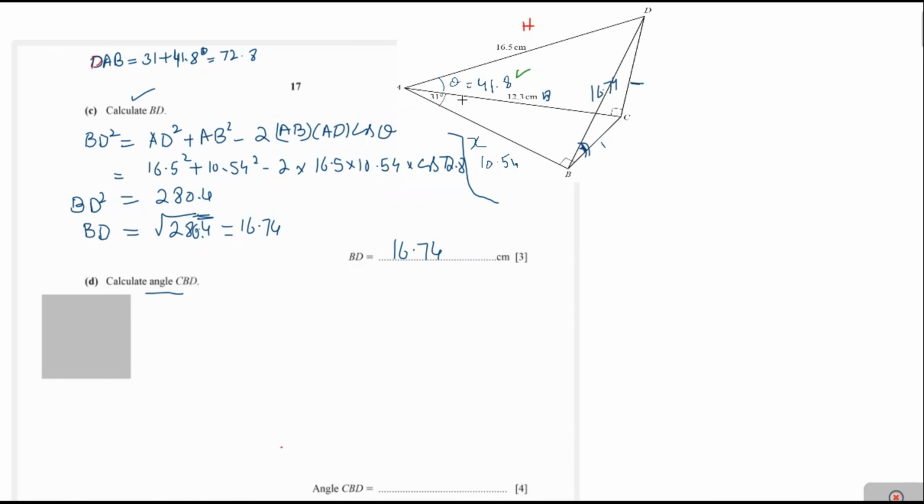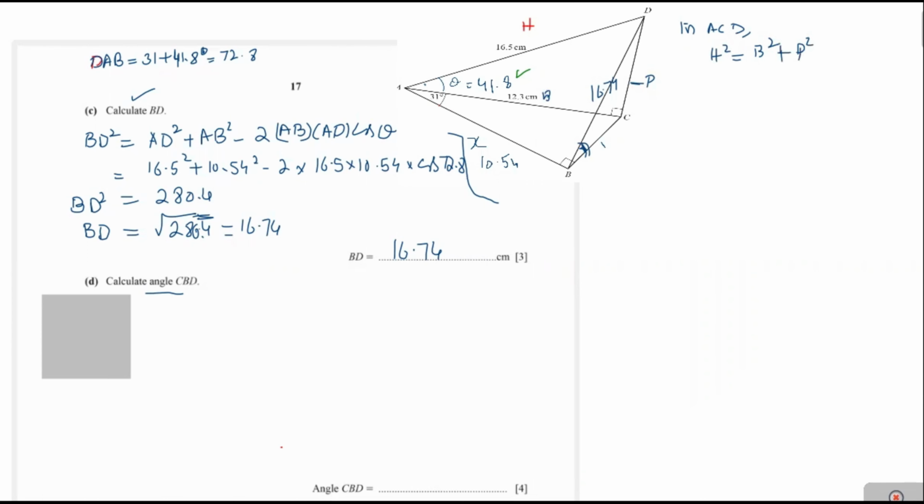You see here in this triangle ACD, this is a right angle triangle, and this length AD is the hypotenuse. We use the Pythagoras theorem, hypotenuse squared equals base squared plus perpendicular squared. This is the base, and this is the perpendicular.